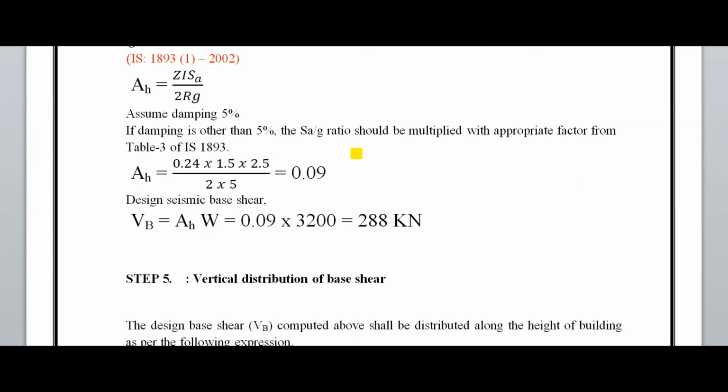Now we have to put all the values in this equation: Ah = Z Sa divided by 2 R g. Assume damping 5%. If damping is other than 5%, the Sa/g ratio should be multiplied with an appropriate factor from Table 3 in IS 1893.